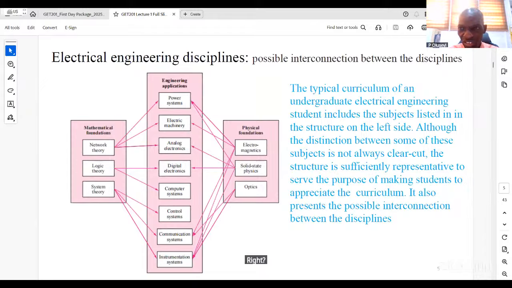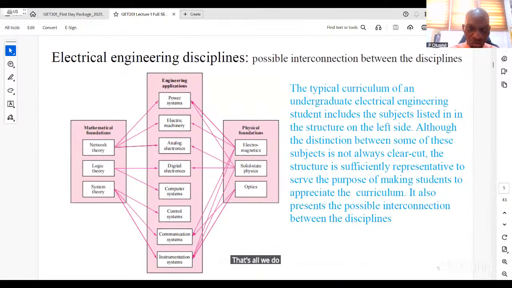Engineering practice is the application of science fundamentals to generate comfort for humanity. That's all we do. We want to give comfort to everybody. And so we use basic science knowledge to generate applications that can make life easy for everyone. That's all we do.